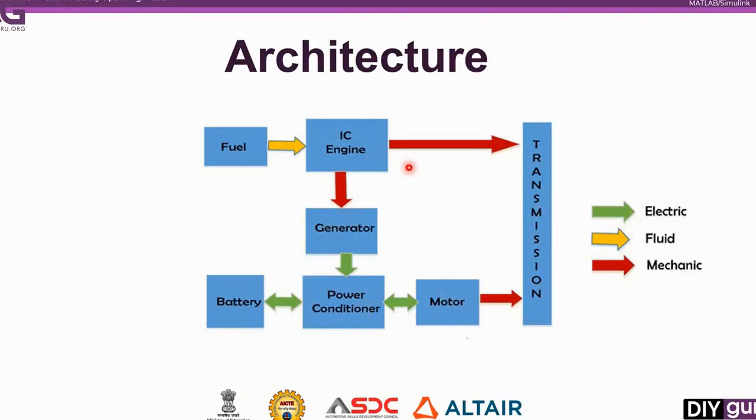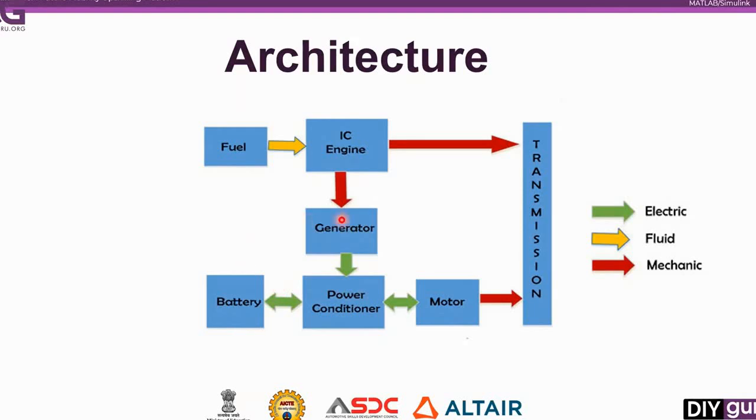At the very beginning, below 15 kilometers per hour, all of the propulsion is taken care of by the motor. Once it reaches the 20 kilometer per hour mark, the IC engine is started and moves the vehicle, but whatever remaining extra power is generated at the end of the IC engine will be sent back to the generator, which will be used to charge the battery.